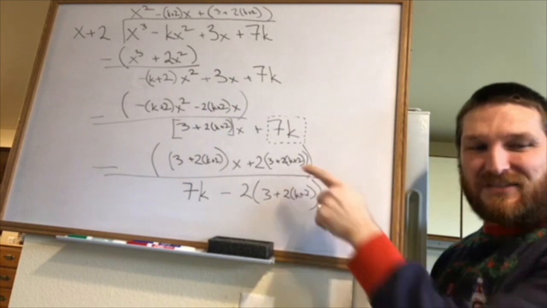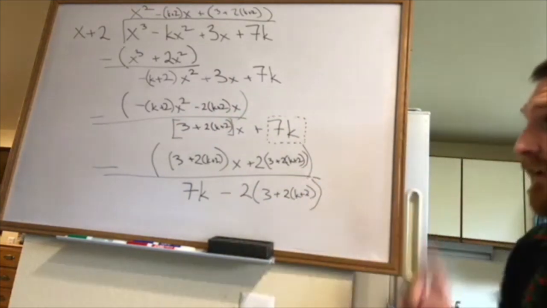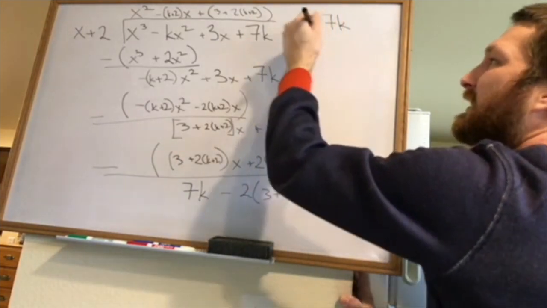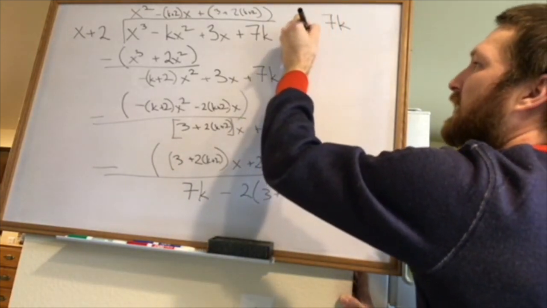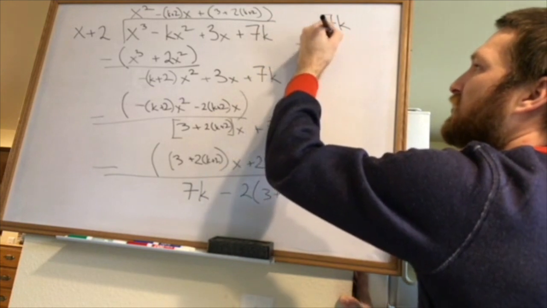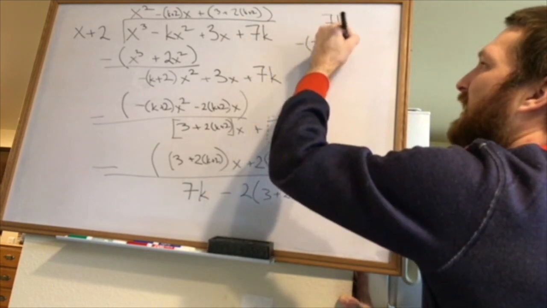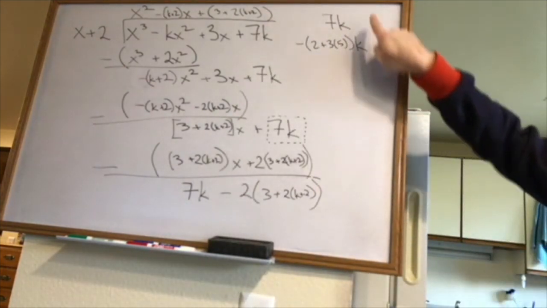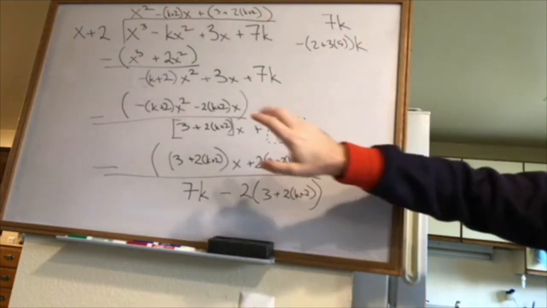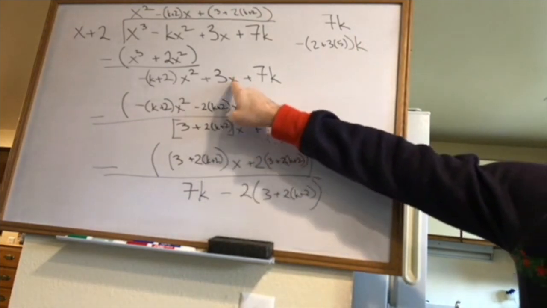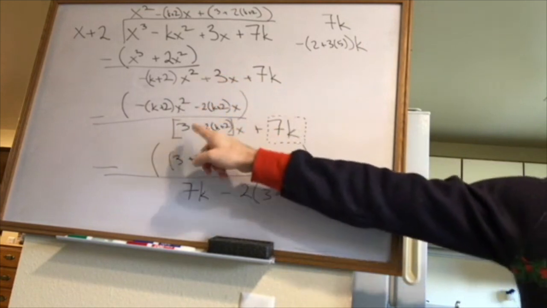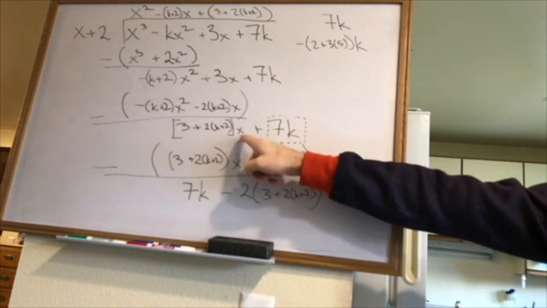Mm-hmm. Yeah, so just to be clear, if in the very end we ended up with something like this, and then minus 2 plus 3 times 5, and then with a k, right? If they both had k's on the outside, in the same way that these both had x's on the very outside, then we could just do our deal with the coefficients here, leaving the x on the outside.